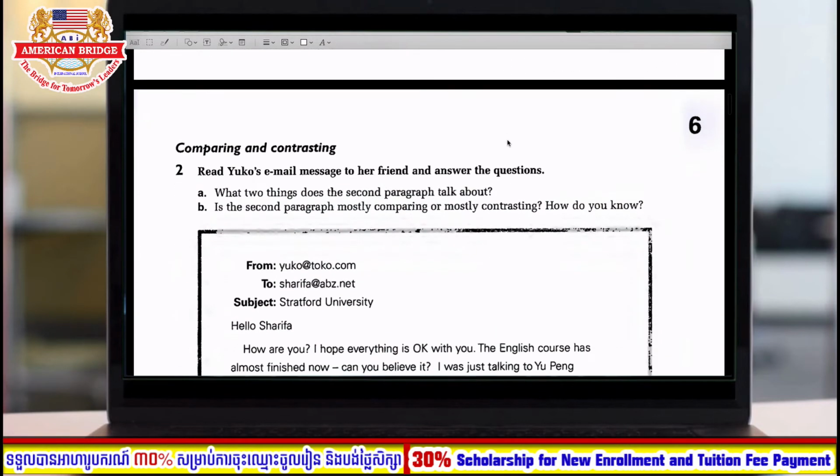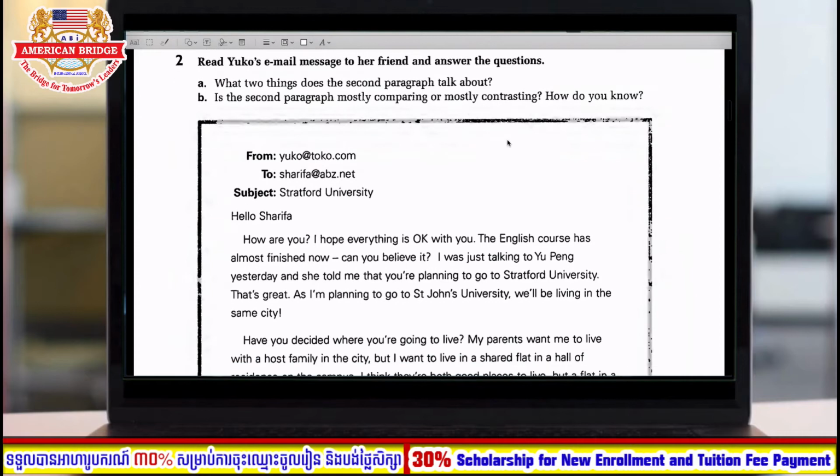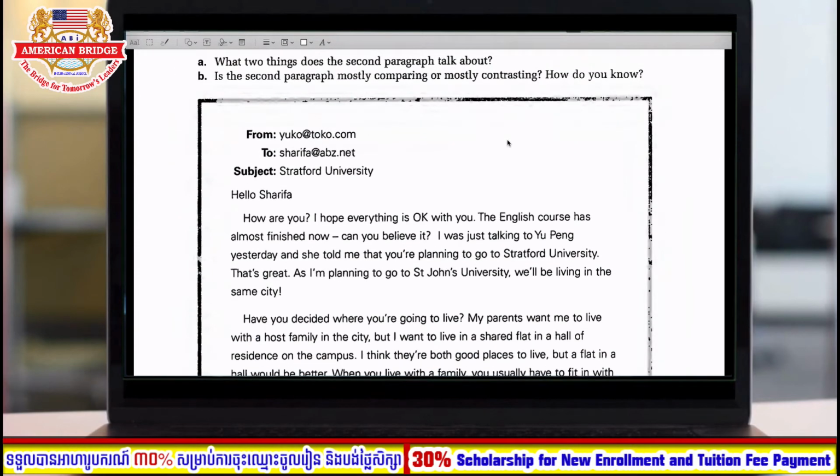So here is one example of a comparing and contrasting paragraph. Here's the email that Yuko sends to her friend. When you read this email, there are two questions to answer. First question, what two things does the second paragraph talk about? So we focus on two things, what are they?